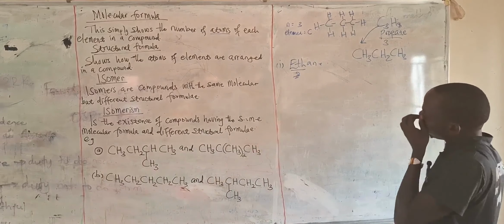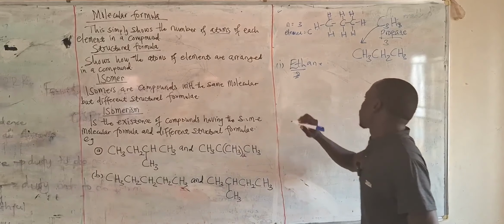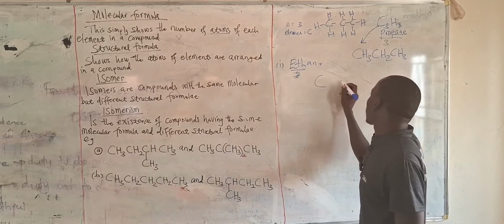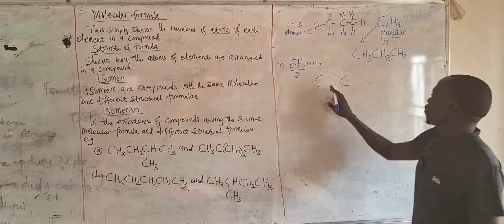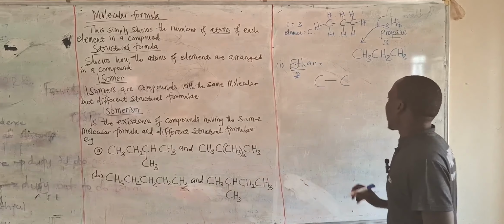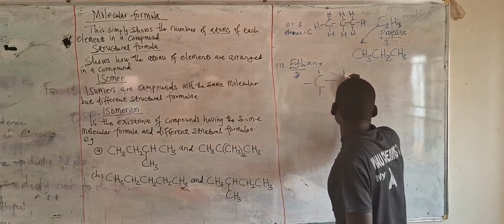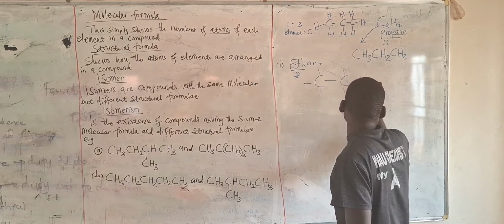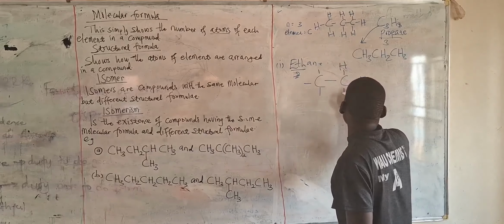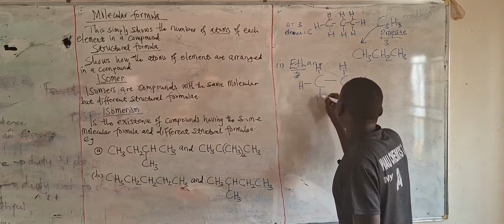So when we want to show the structural formula of ethane, we say that I have 2 carbon atoms, and they are linked by a single bond. So we can get something like this, something of this kind.